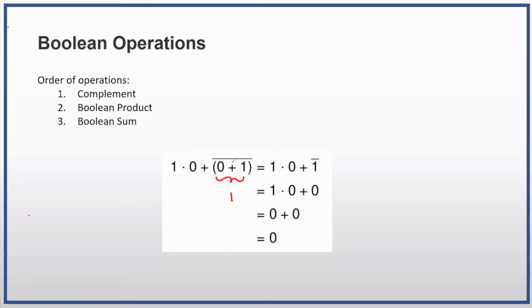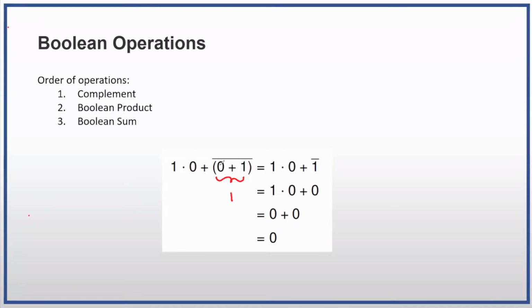Sometimes you may wonder why we are doing the sum inside this bracket, but by this order of operations, if there are products and sums outside of this complement, you have to do them after simplifying this complement.